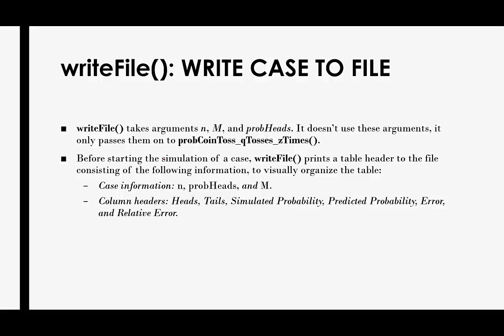So it'll print n, the number of tosses, the probability of landing on heads for this case, and the number of experiments to be run. And then it'll also print column headers for the rest of the table that's about to be printed out in a for loop right here, so that it neatly organizes the columns so that you can see what they actually are when it prints out in the file.